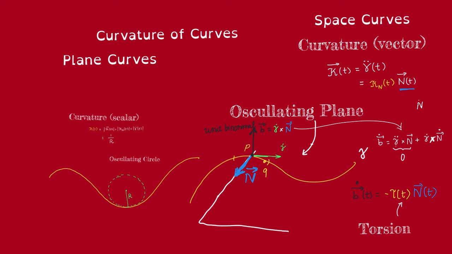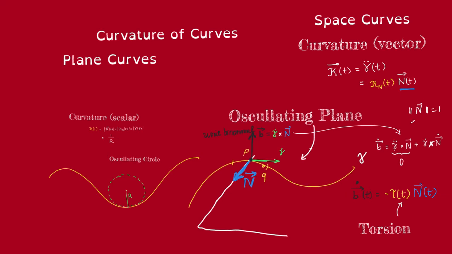Now this unit normal vector has length 1, so as before we can differentiate this inner product and then use the product rule. From that we will get that this derivative must be orthogonal to the unit normal n. So this derivative vector n dot has to lie in the span of b and gamma dot, because it's orthogonal to n.